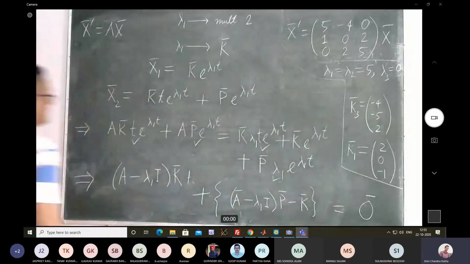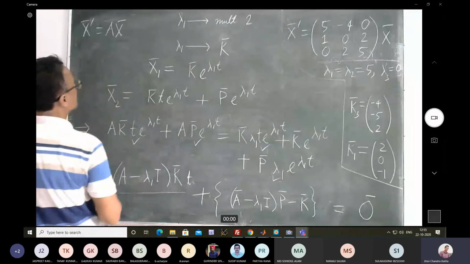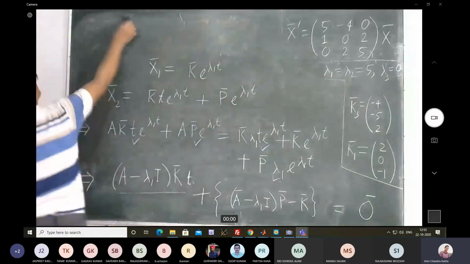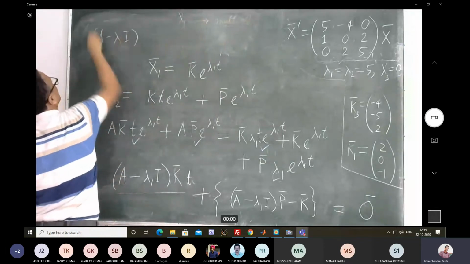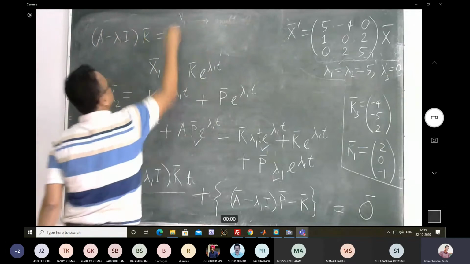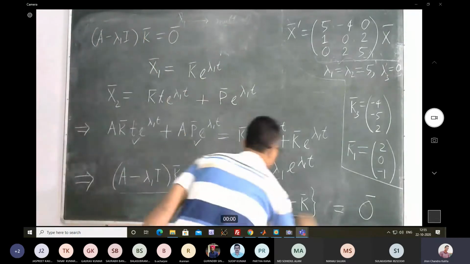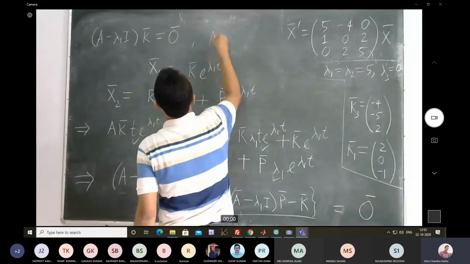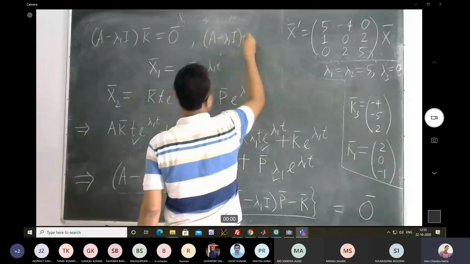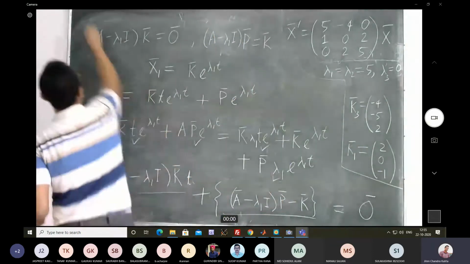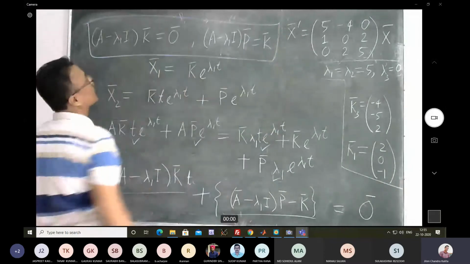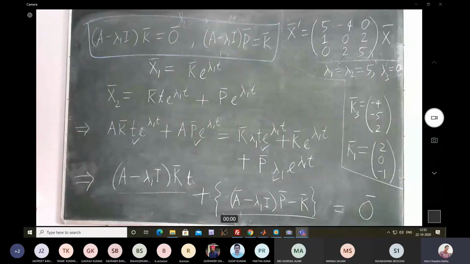And again, since t is arbitrary, this is going to imply (A minus lambda I) k bar equals 0, and this is going to imply (A minus lambda 1 I) P equals K. Is it okay? Fine.